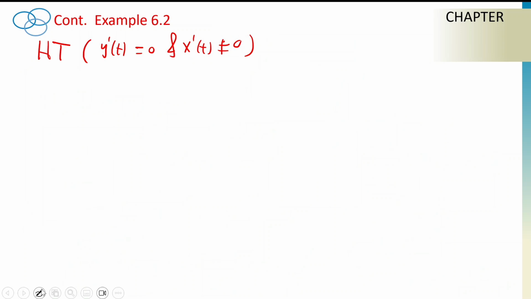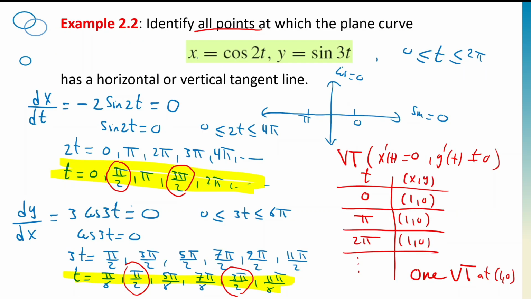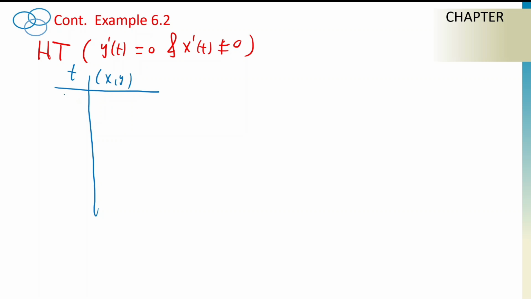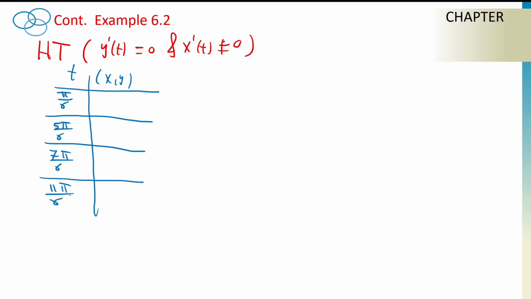Okay, let's create our table to check the horizontal tangent. I'll start with t, and here I have x, y. By the way, from where do I get x, y? You always use the original parametric equations. So if t is pi over 6, 5 pi over 6, 7 pi over 6, and lastly 11 pi over 6, I replace the values.